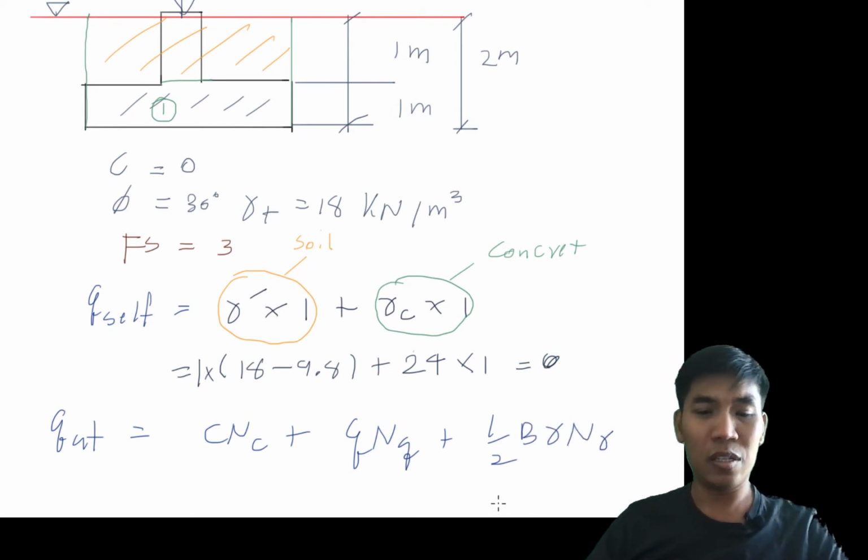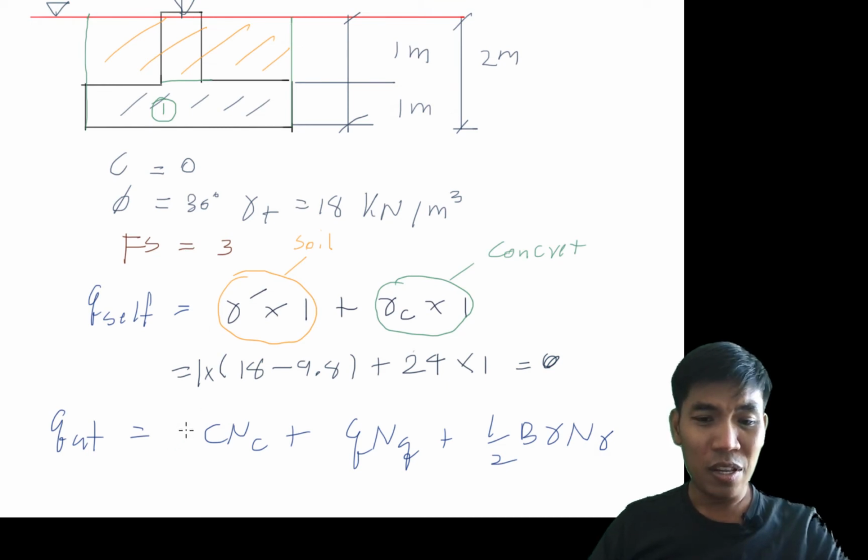This one is the basic equation, and in this question the foundation is a square footing. So if it's a square footing, I have to add some prefix, or adjust this part a little bit.